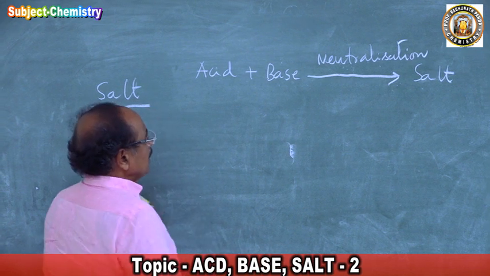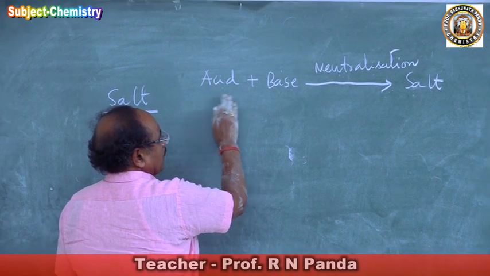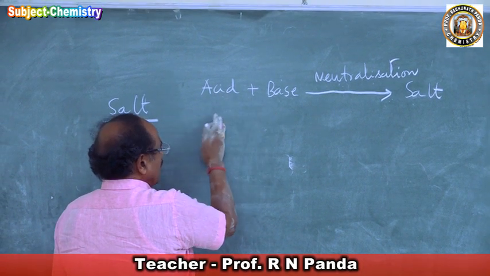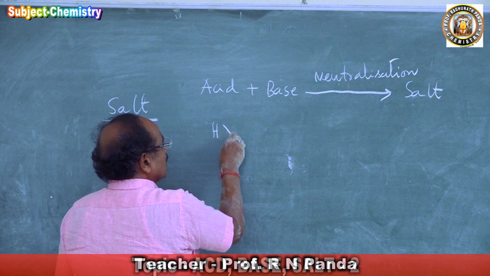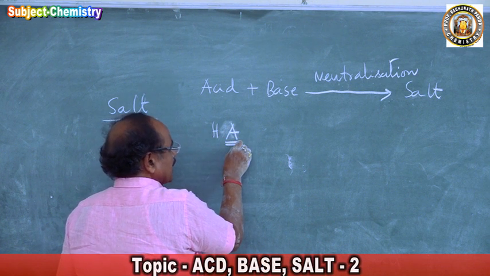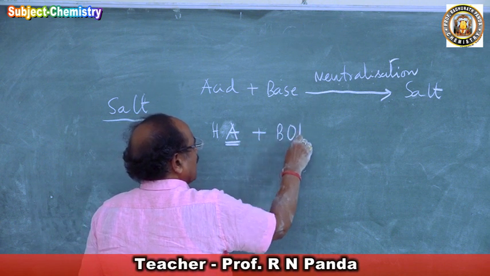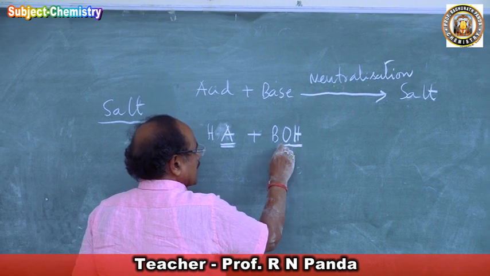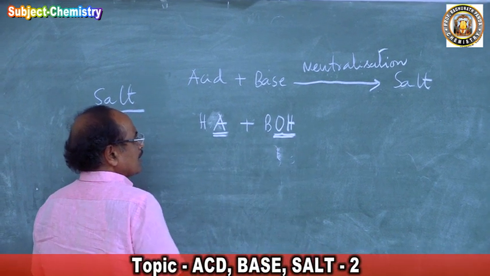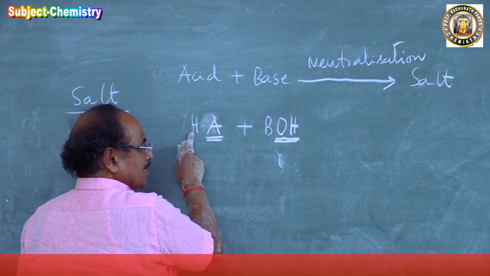So if you write a general formula, for acid we write HA, and for the base BOH. Hydroxides and oxides of metals are called bases, and those compounds which contain H plus are called acids.